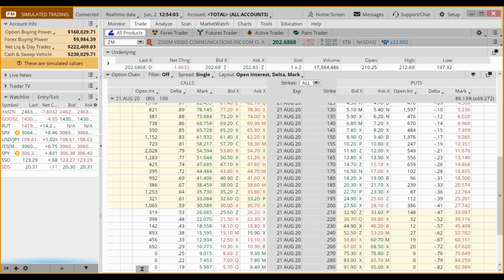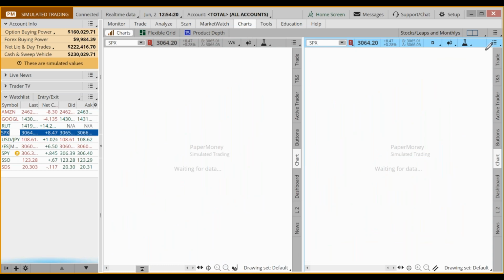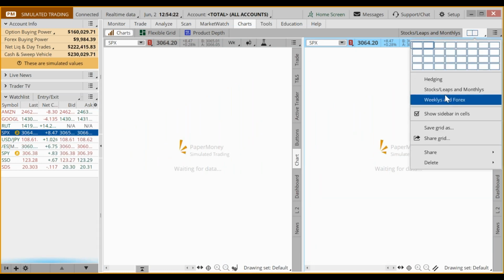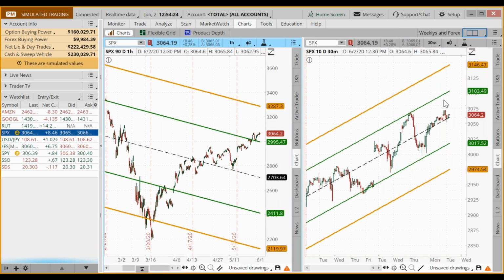I was just wondering about maybe doing a 10-day or something, a weekly on SPX. Let's take a peek at it. We're right here, and it just made a measured move to the upside right here, Richard.